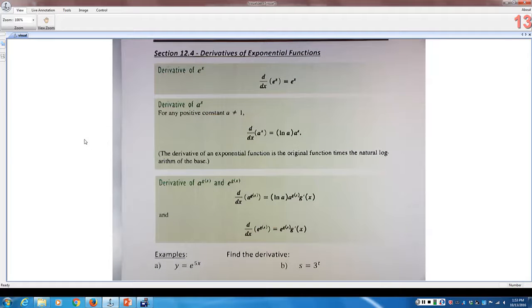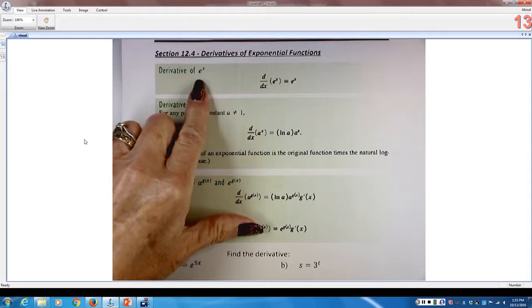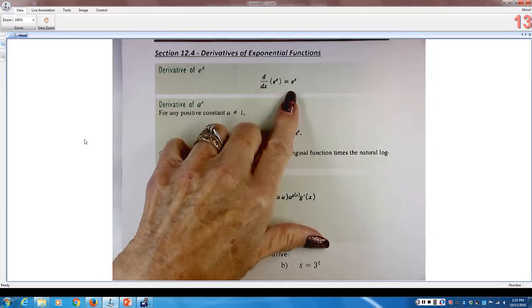So we're going to start off with definitions of the derivatives of exponential and logarithm functions. We're going to start with exponential functions. And first of all, the derivative of e to the x is going to be your favorite, because the derivative of e to the x is itself. It's its own derivative. So not hard to remember.